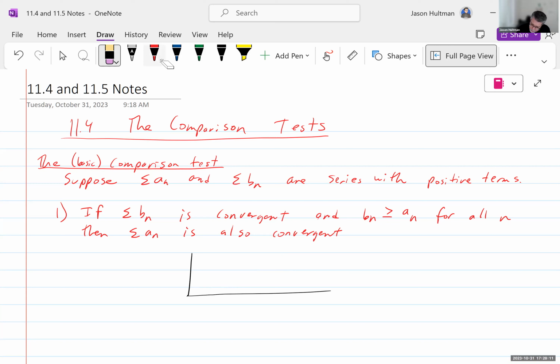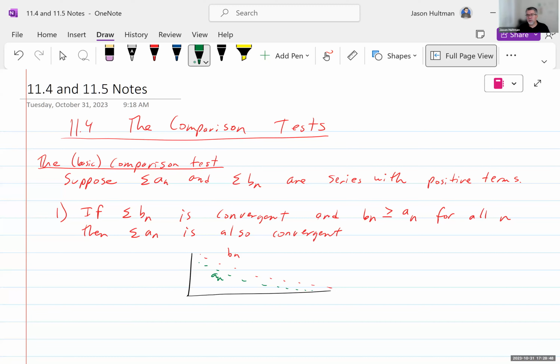Sorry. If b sub n is bigger than a sub n for all the terms, and if b sub n converges, then that's going to force a sub n to also converge.